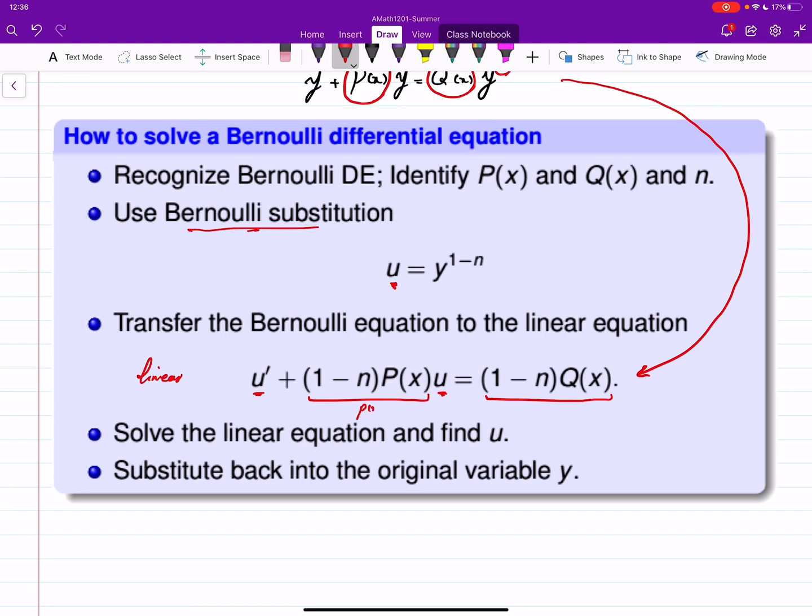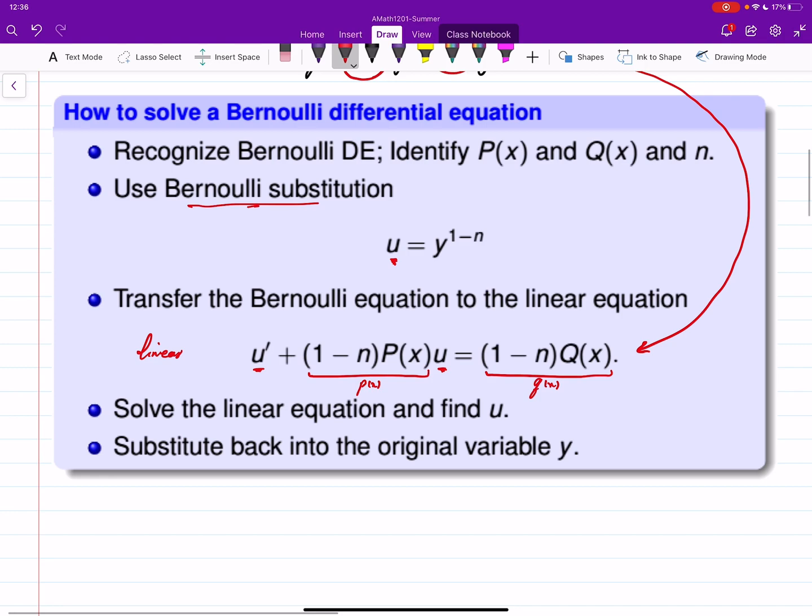To be precise, this is lowercase p(x) and lowercase q(x). Now you can go ahead and solve this linear differential equation with an integrating factor and find the solution. What you solve here will be for u, then you have to turn it back in terms of y. So: recognize it, apply the Bernoulli substitution, solve the linear one, and then substitute back the original variable.